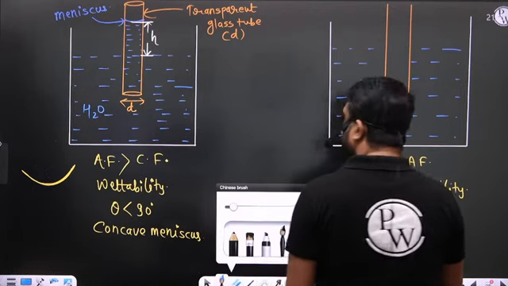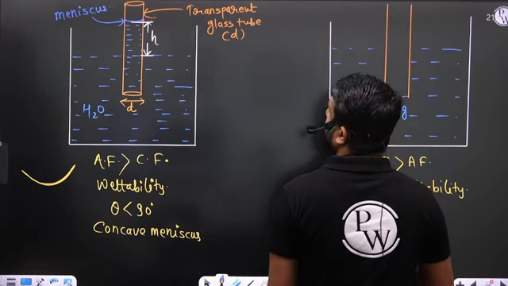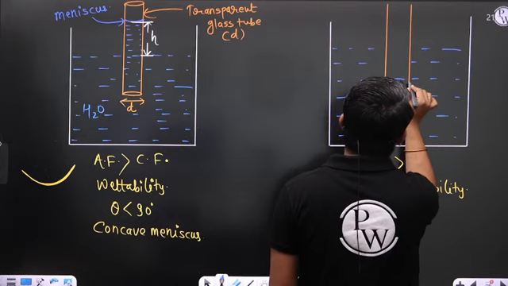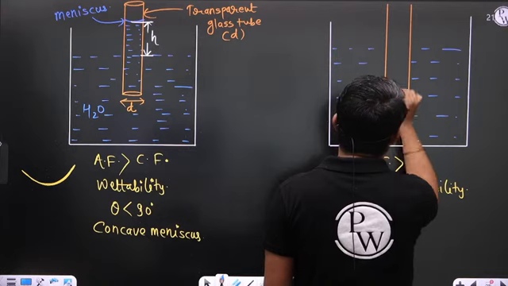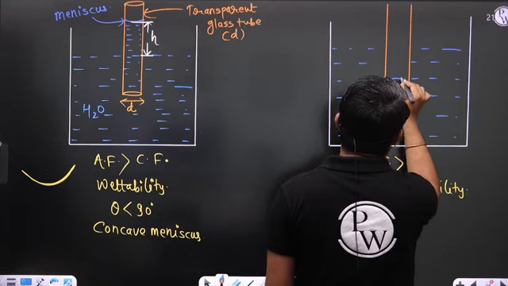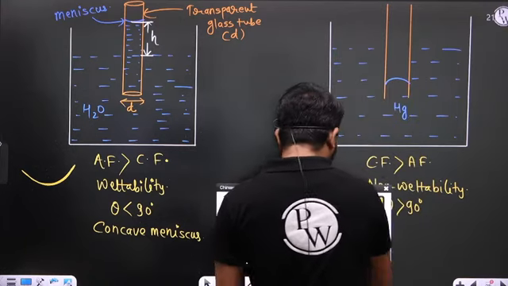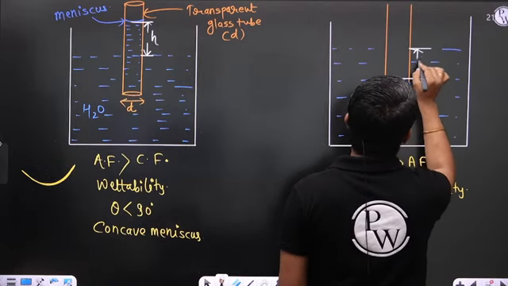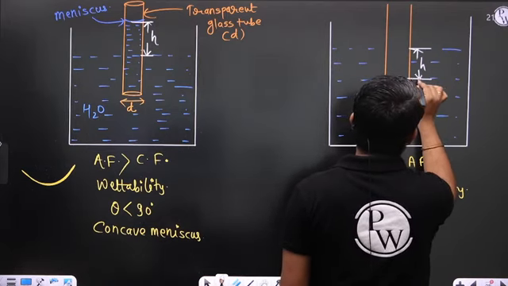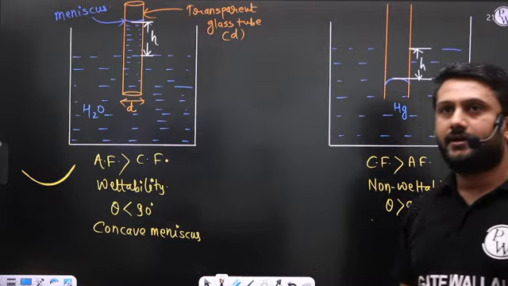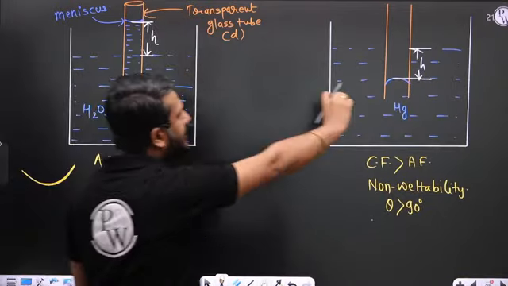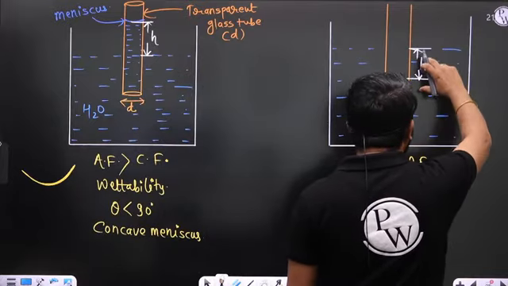So in this case you observe a fall like this. From here to here, that is H. In the previous case H is a capillary rise, in this case H is a capillary fall.